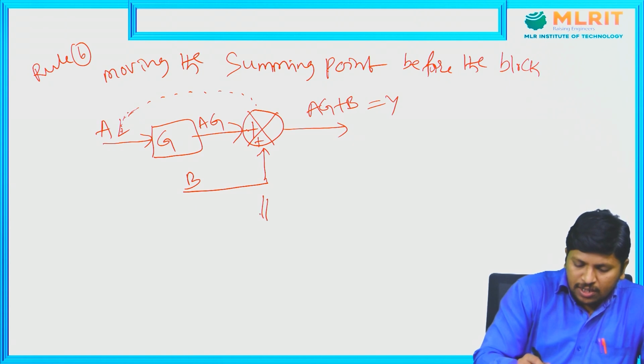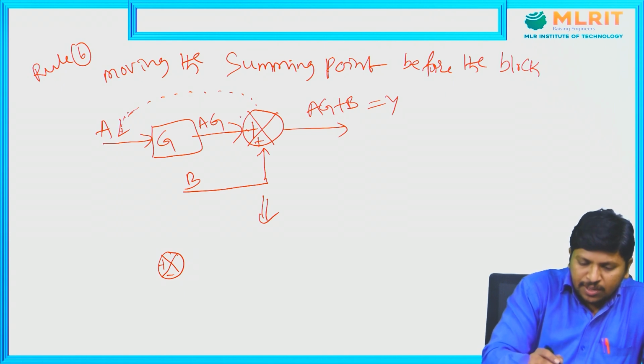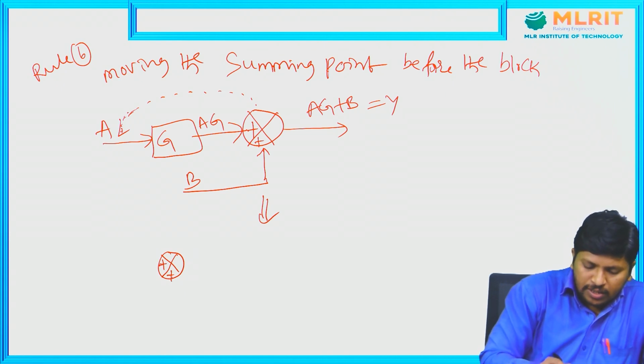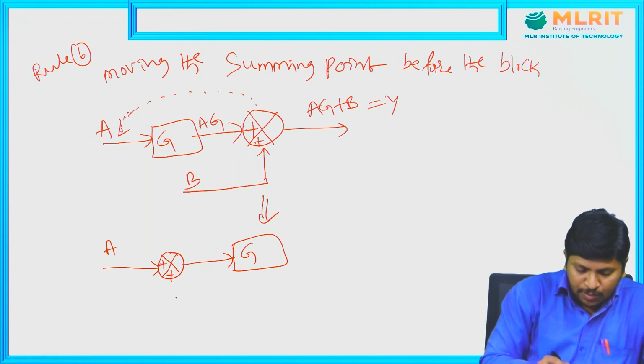Now just observe. First I am going to write the summing point, because this summing point is moving to before the block. Here the input is A and after that the block.